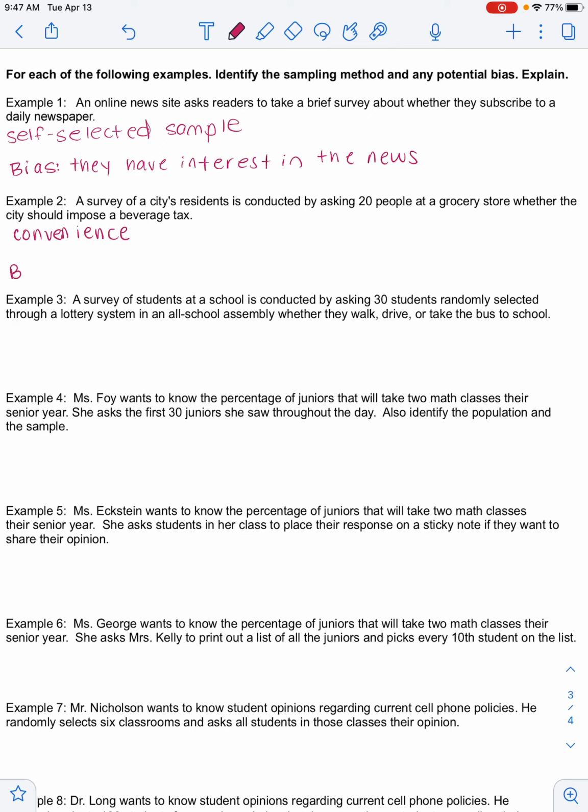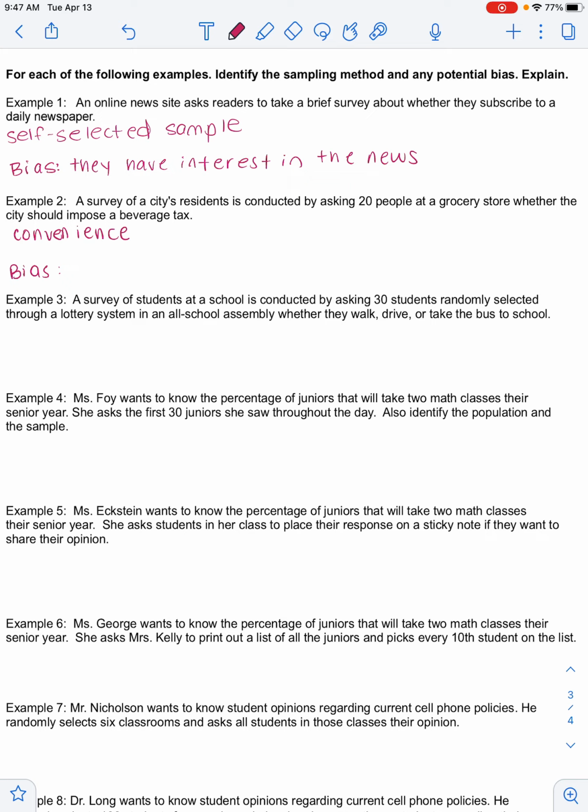Could there be potential bias for this? Well, there could be. You're only going to one grocery store, so it depends on the neighborhood that you might be in at the grocery store. And you're talking to people who buy groceries. And so the tax is a beverage tax. So they might have more of an opinion than somebody who doesn't buy groceries, or a different opinion from somebody who goes to a specific beverage store versus a grocery store.